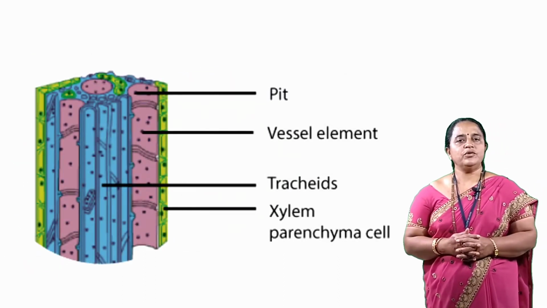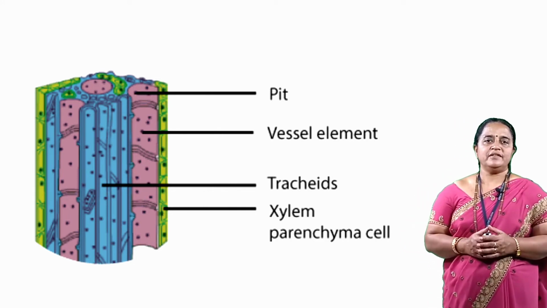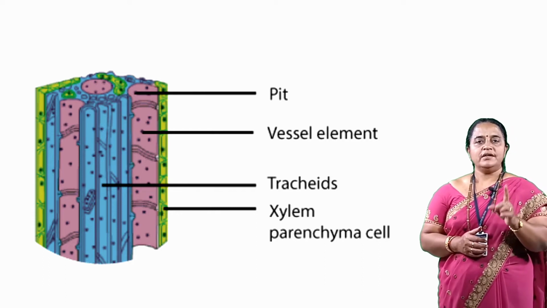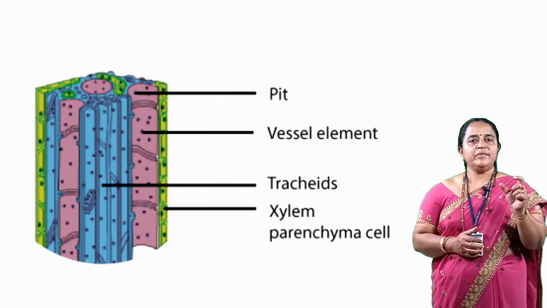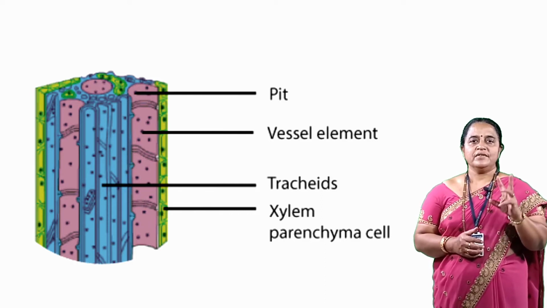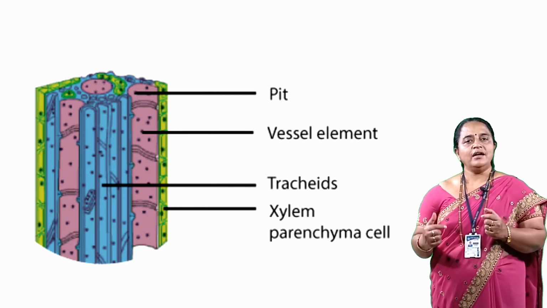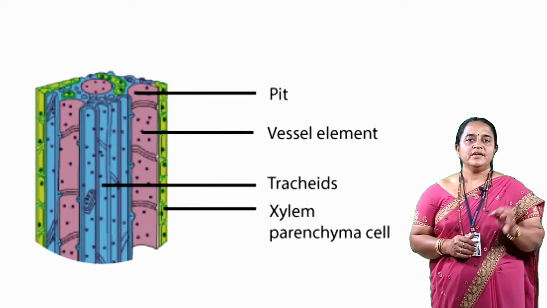It is commonly known as wood. Xylem is composed of three elements. Xylem proper or tracheary elements. These tracheary elements are dead cells. They are of two types, tracheids and trachea. Trachea are commonly known as vessels.